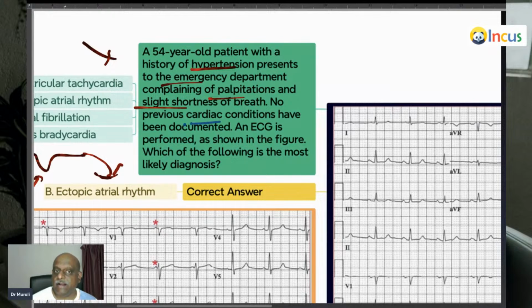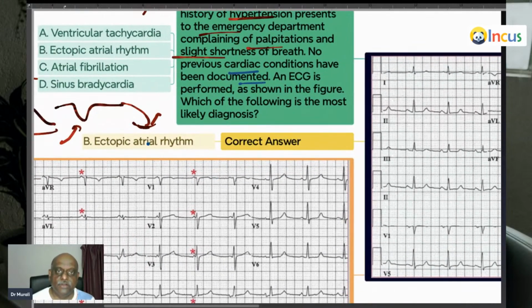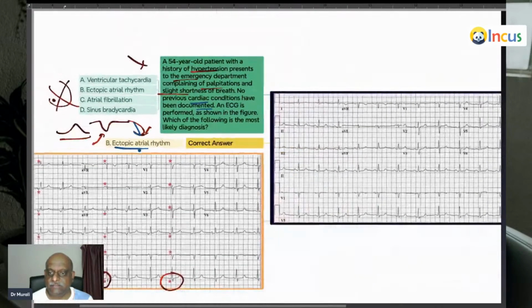No previous cardiac conditions, hypertension was only there, ECG is being performed. So this is what was ectopic atrial rhythm, just now we discussed.